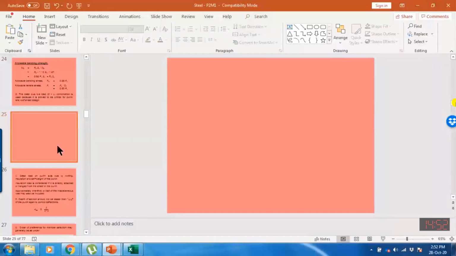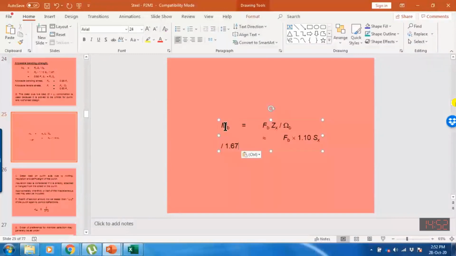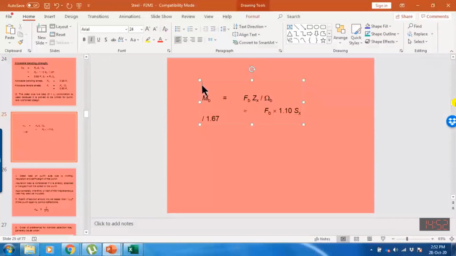So I already told you that we have a general equation. What is the general equation, the design equation? RA should be less than or equal to Rn. Service load should be less than or equal to the resistance offered by the shape of the material.